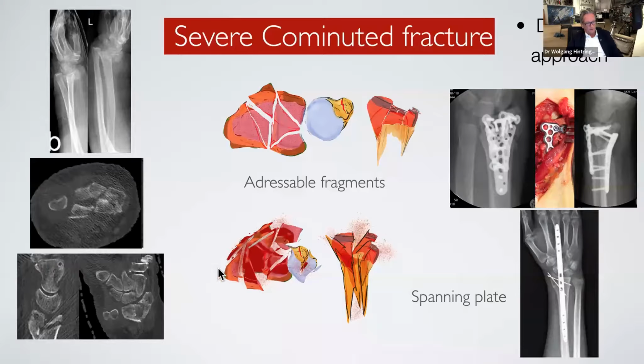Sometimes it's better not to go in and put in maybe a spanning plate for temporary spanning of this fracture, and maybe go in secondary or wait for healing for a secondary salvage procedure. Because the worst thing is if you go in from both sides and you cannot fix these fragments and they are swimming around and you end up with an external fixator or something else.